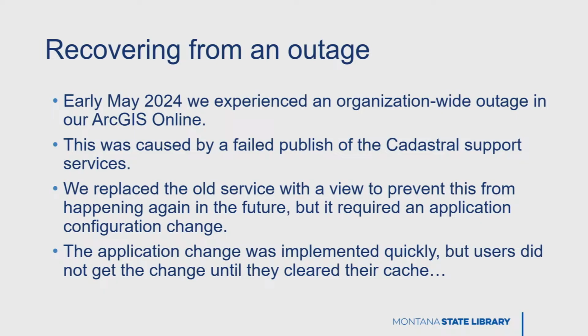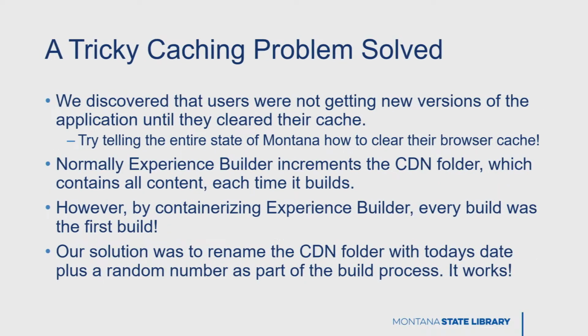But anyway, this required a significant configuration change in the app, but users didn't get that until they cleared their cache, and this is where we discovered that normally Experience Builder increments the CDN folder every time you build it, but because it was containerized, every build was the first build.